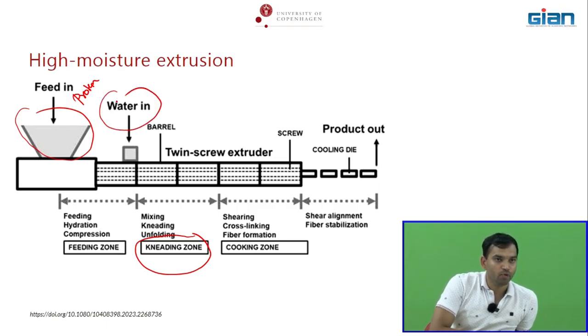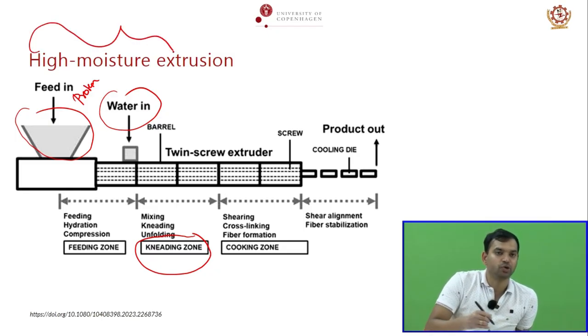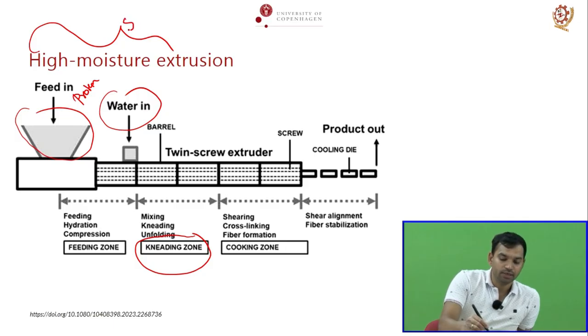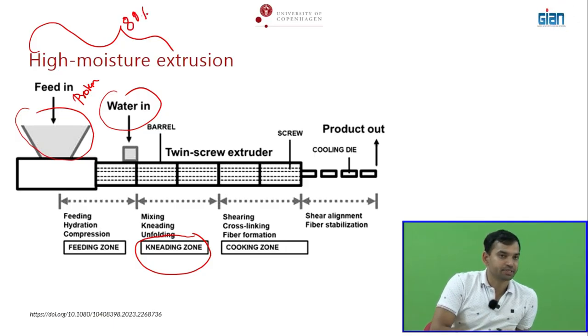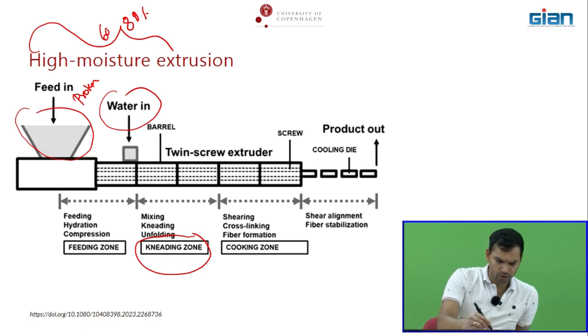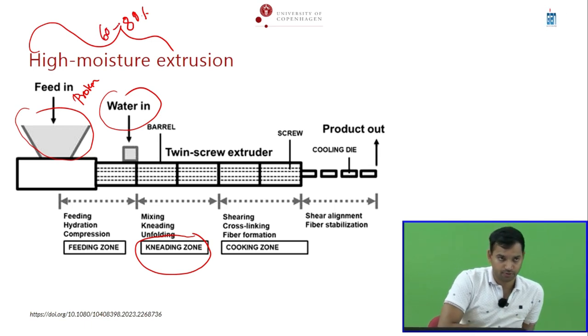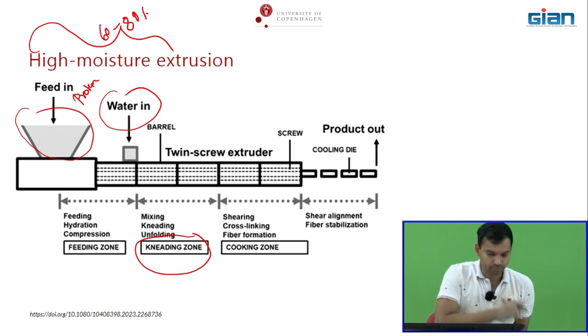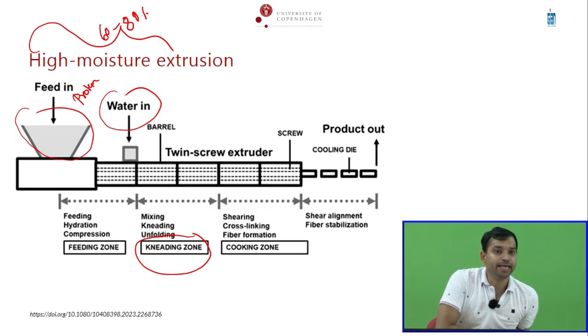Water is important for hydration, to improve the water holding capacity, so we need to introduce water. It's called high moisture extrusion because the water content can go up to 80% here. If I'm not wrong, people say 60 to 80% will be the water content in the product. That's the reason it's called high moisture extrusion.